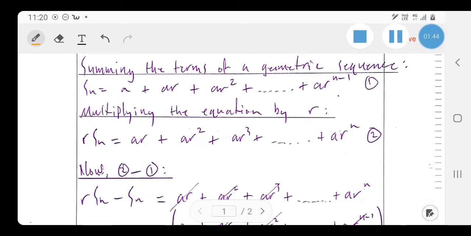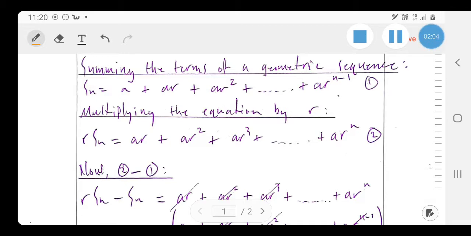So here we go. Now we're going to use a very similar technique to how we proved the summing formula for an arithmetic series. Bit different though. The first step is to sum the terms of a general geometric sequence.